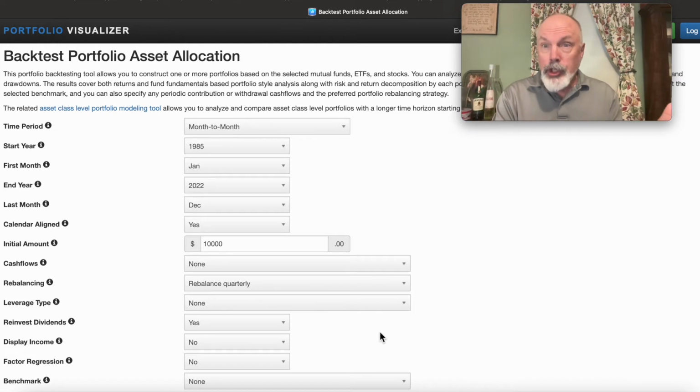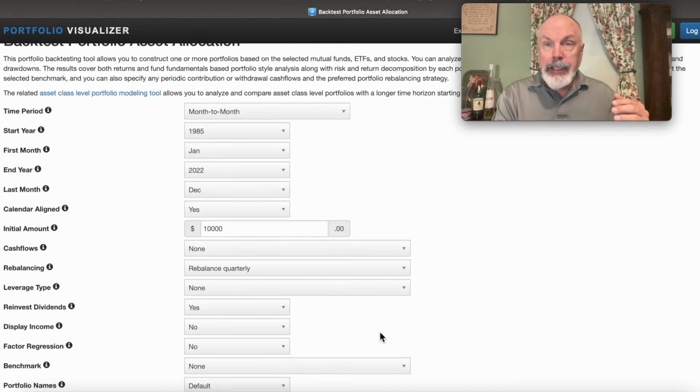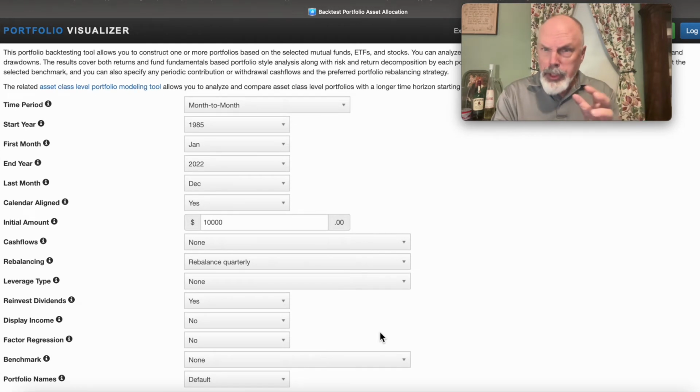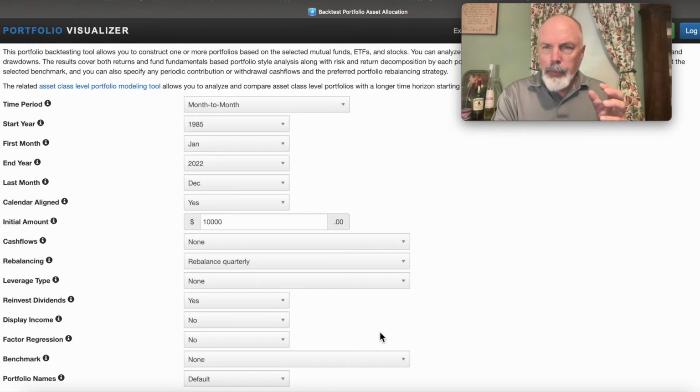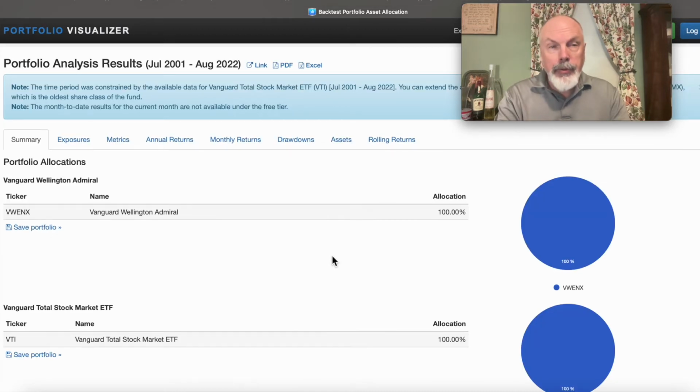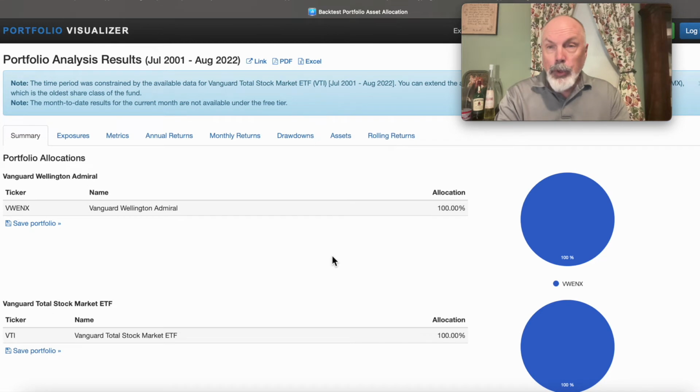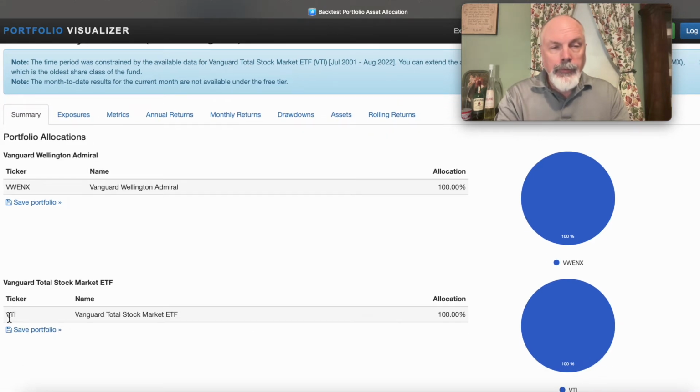So in doing the analysis, as you'll see in the What's in Bucket 3 video earlier, I looked at comparing not only what was a good replacement for Wellington, but more importantly, what was a better fit with what was already in Bucket 3. And as you can see, a comparison between the Wellington Admiral and the VTI ETF, which is Vanguard's total market fund. And that's the one that I think I'll be moving a lot of Bucket 3 to as time goes on.